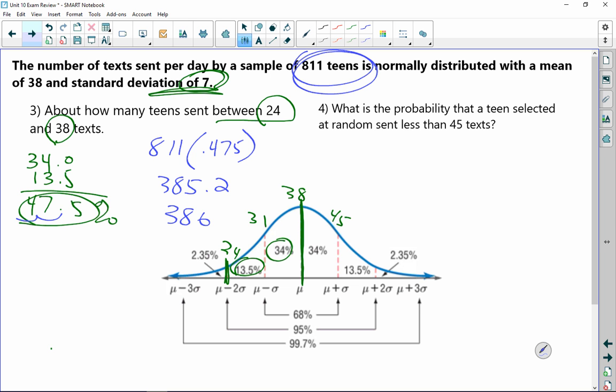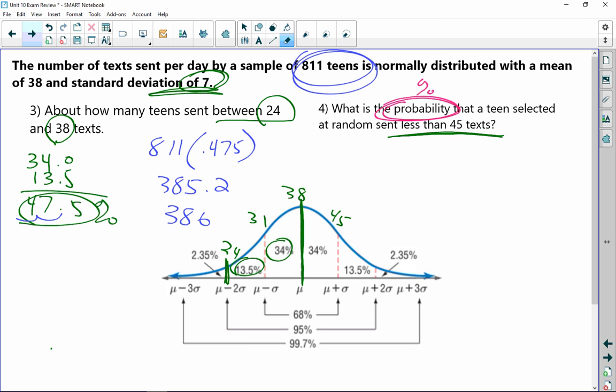Right. Probability. When I'm talking about probability, what am I trying to find? I'm trying to find the percent. Everybody clear on that? Okay, so again, it's less than 45 techs. So where's 45 on my curve, my distribution?